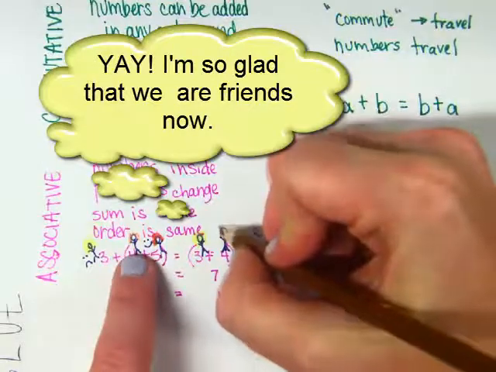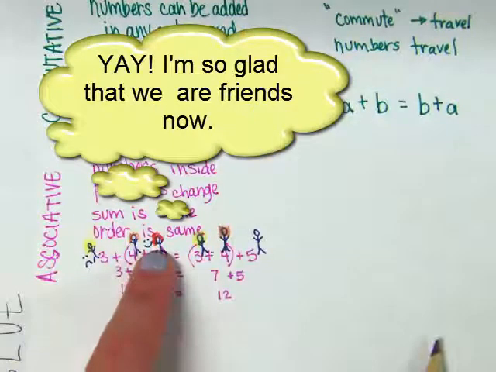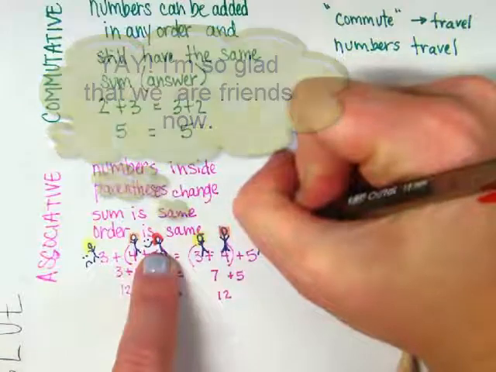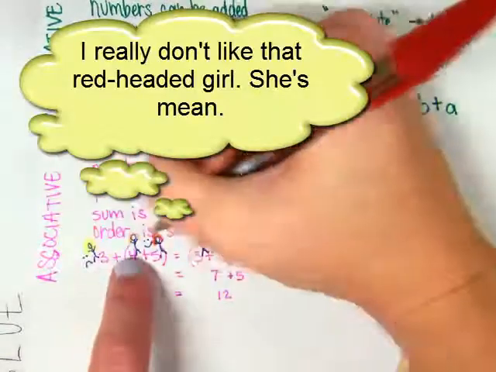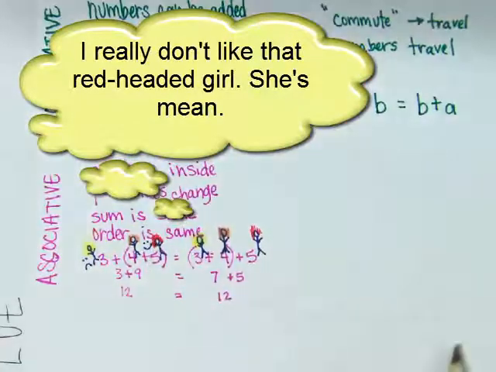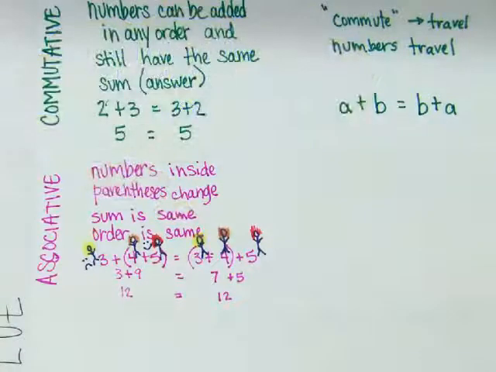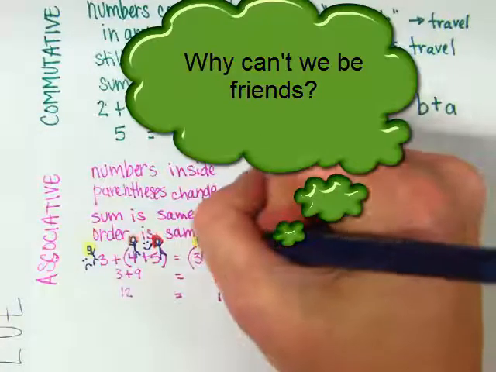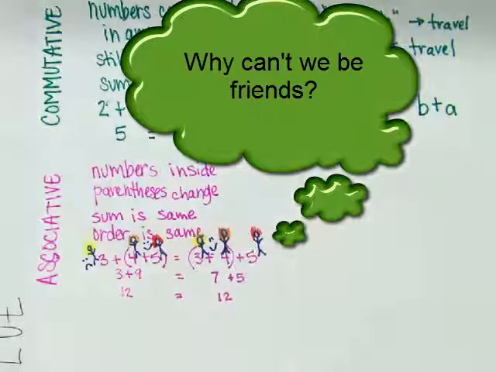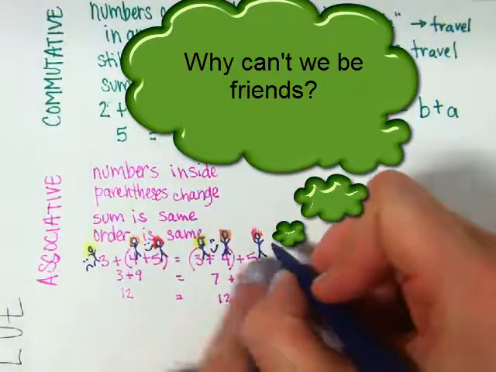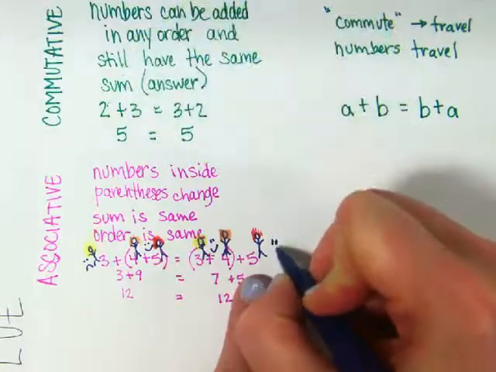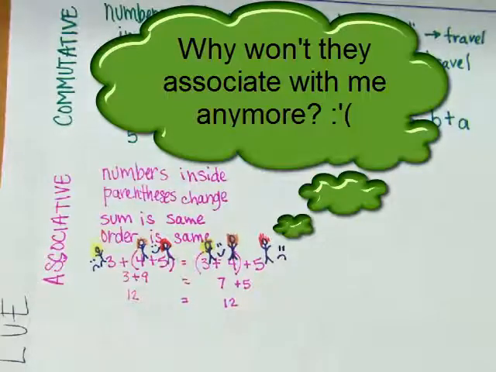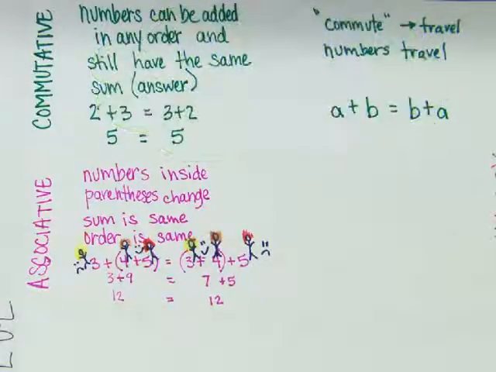The brunette is in the same position. And the redhead is still in the same position as far as first, second, and last. But what's changed here is who the friends are. The blonde and the brunette are now friends. And this poor little redheaded little girl is out here on her own. So I like to think of middle school girls when I think of the associative property, because I see this so frequently.